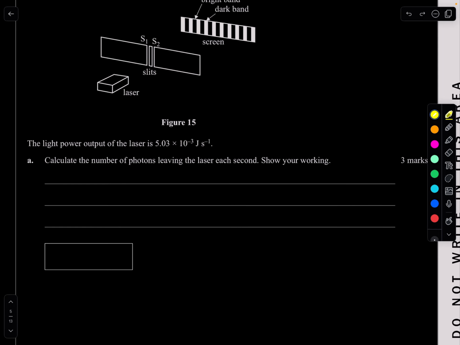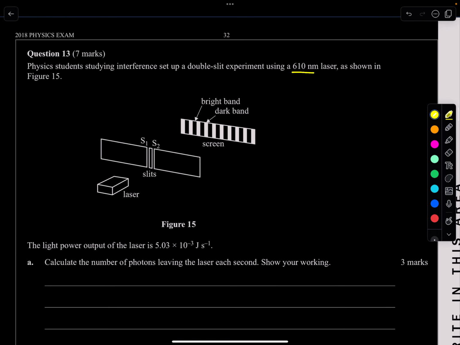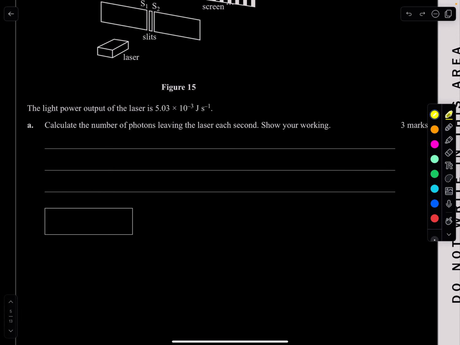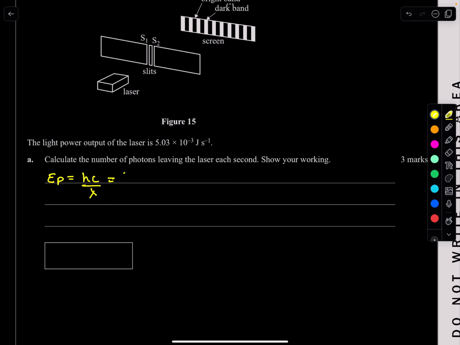So to do that, looking at my formula sheet, the energy of a photon is given, because I know the wavelength, so I can use that. So energy of a photon is hc over wavelength. So what's our h? Looking at my formula sheet, it's 6.63 times 10 to the negative 34.